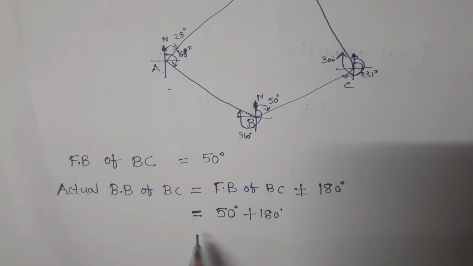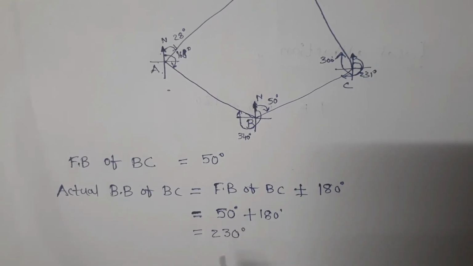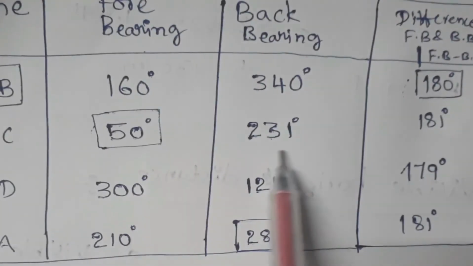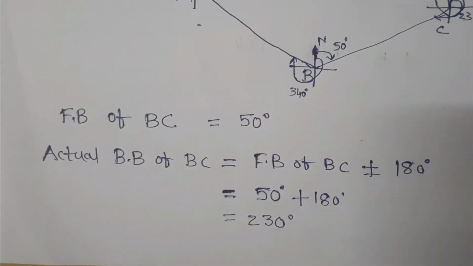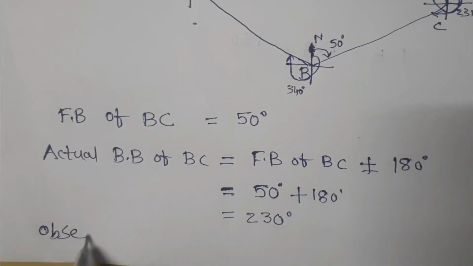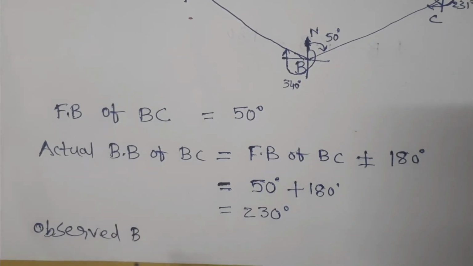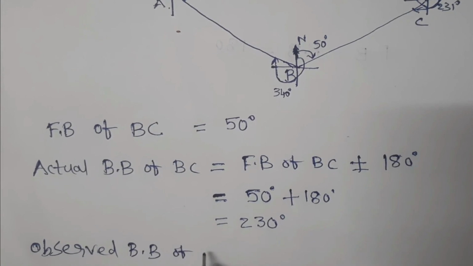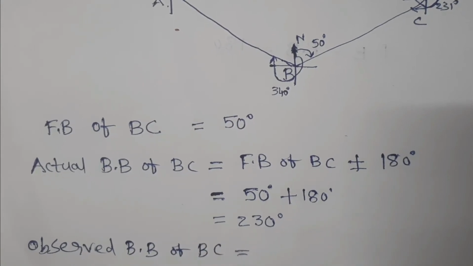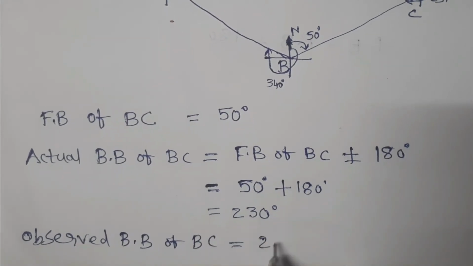Actual back bearing of BC is equal to 230 degrees. But the observed value of back bearing is 231. Observed back bearing of BC is equal to 231 degrees. Error occurred at C point.